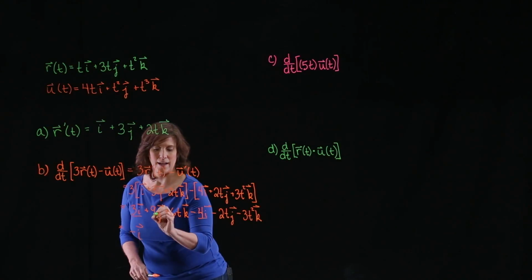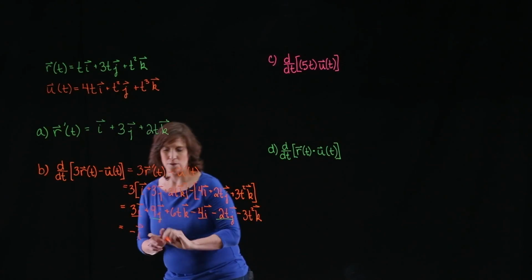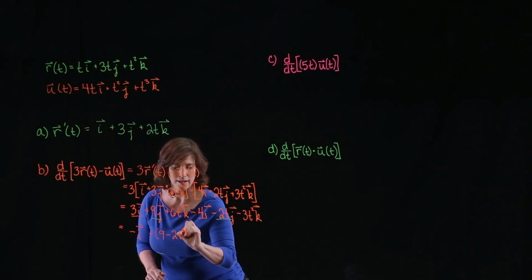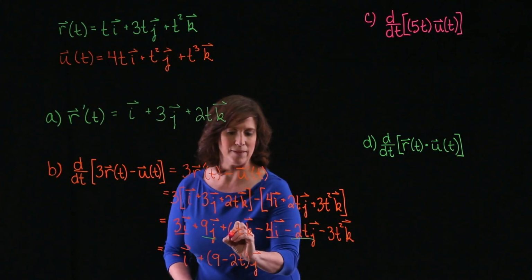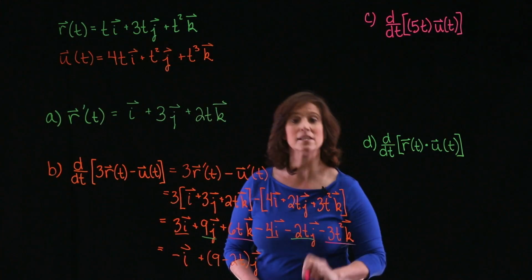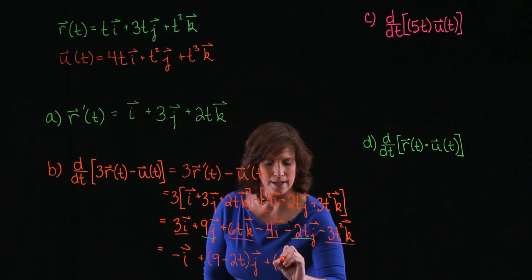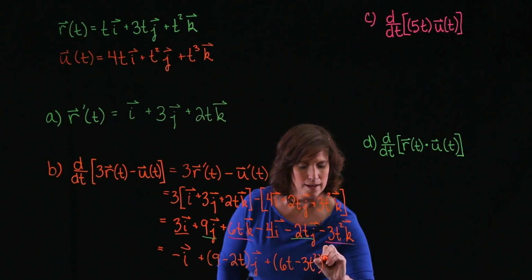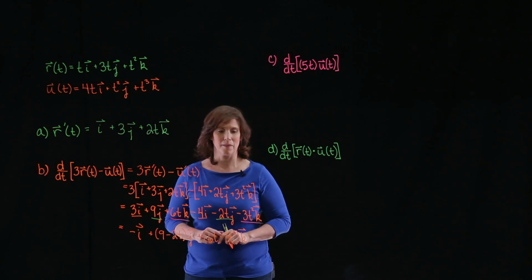I have a 9j and a minus 2tj, so that leaves 9 minus 2t times j. And I have a 6tk and a minus 3t squared k, so that's going to give me 6t minus 3t squared times vector k. And that's my final derivative.